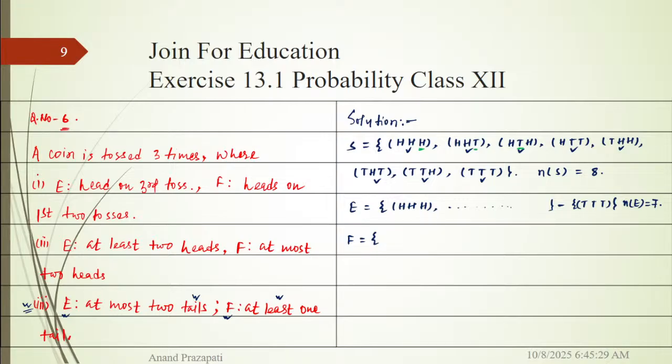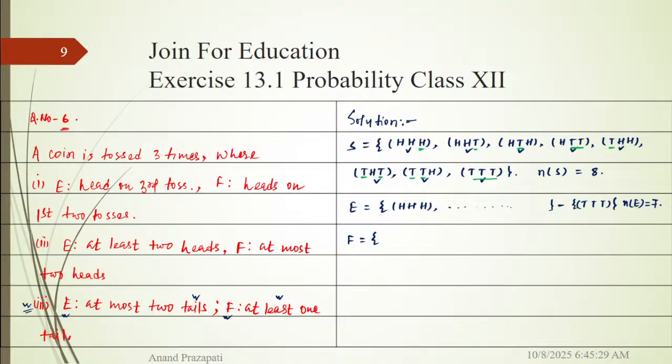So it has at least 1, but it means that 2 tail, 1 tail, 2 tail, 2 tail, and this is the 3 tail. So here will be F equal to HHT, HTH, HTT, and THH.